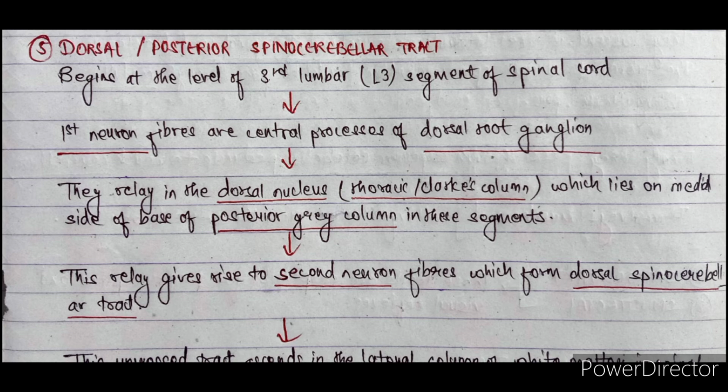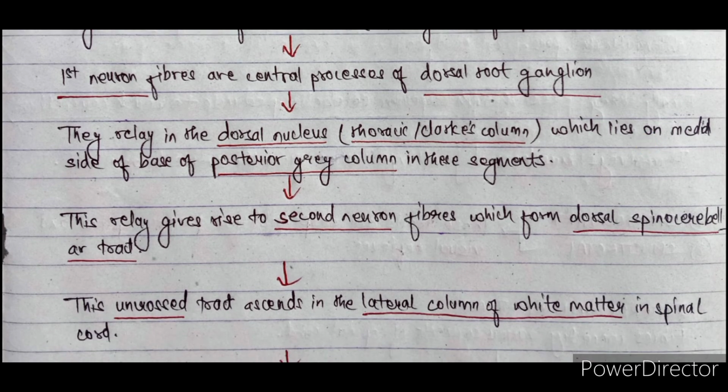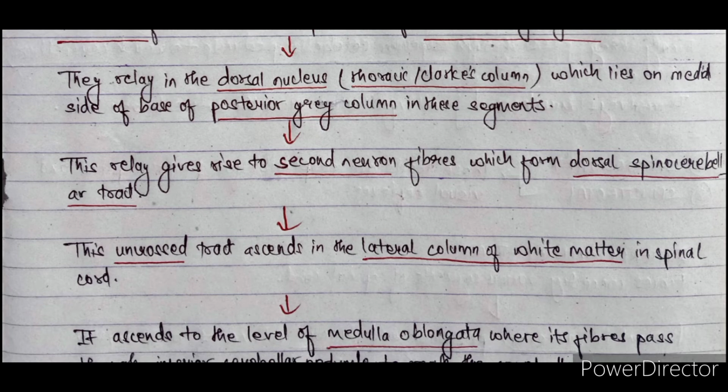After relaying in the dorsal nucleus, which is the 2nd order neuron, the fibers form the dorsal spinocerebellar tract, which is an uncrossed tract, and it ascends in the lateral column of white matter in the spinal cord.